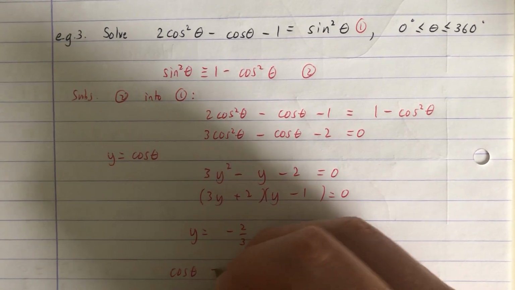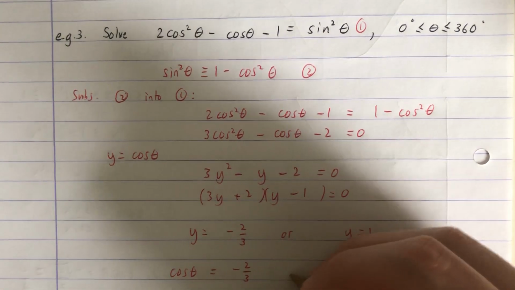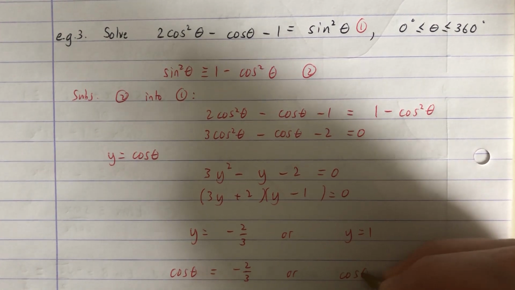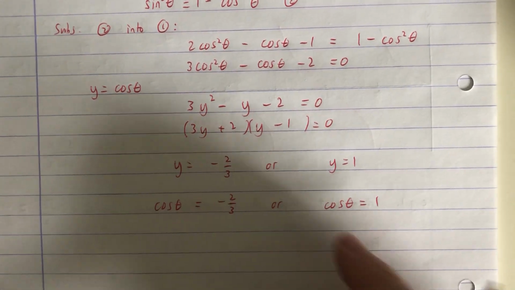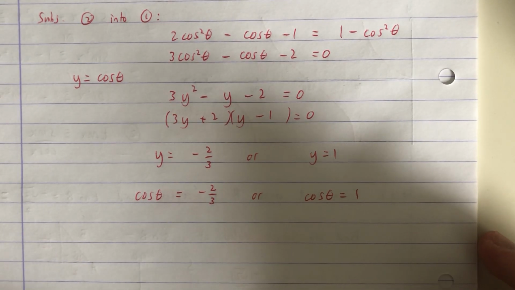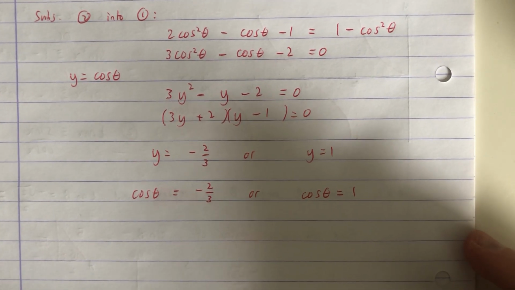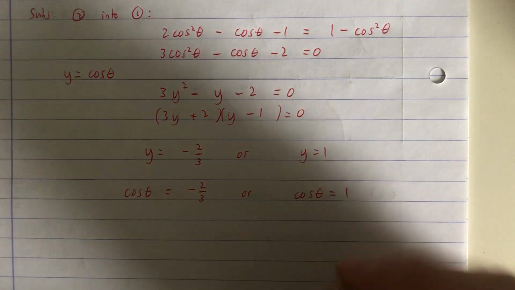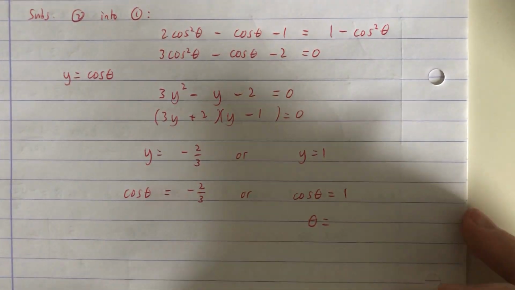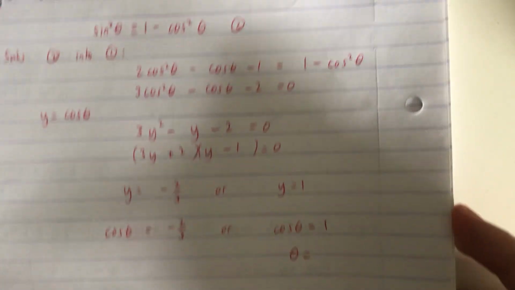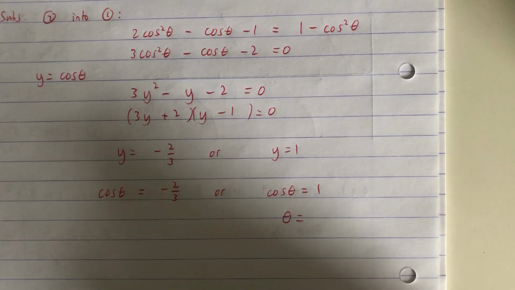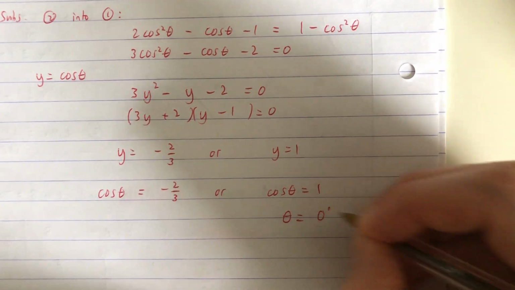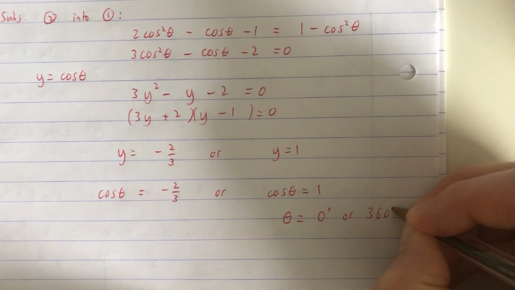We want cos theta. You should be able to state the answer to cos theta is equal to 1 without even using a calculator, just via the sketch. Theta is equal to, remember we want between 0 and 360, and cos theta is equal to 1 at 0 degrees or 360 degrees.